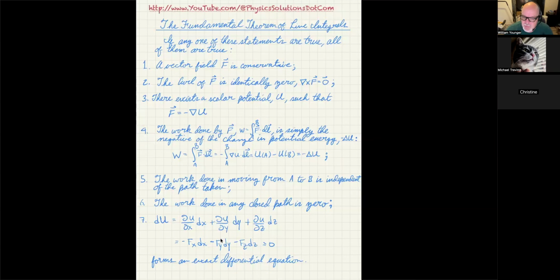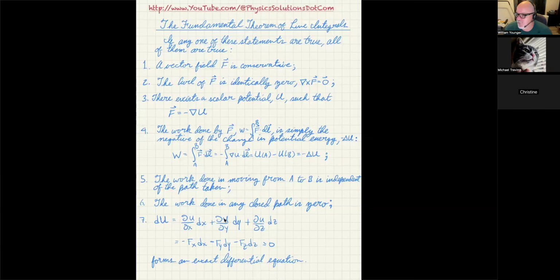And if I take the partial of f sub y with respect to x, then I'm taking the partial of u with respect to y, and then the second partial of u with respect to x, so those two should automatically be equal, and their difference equal to zero.